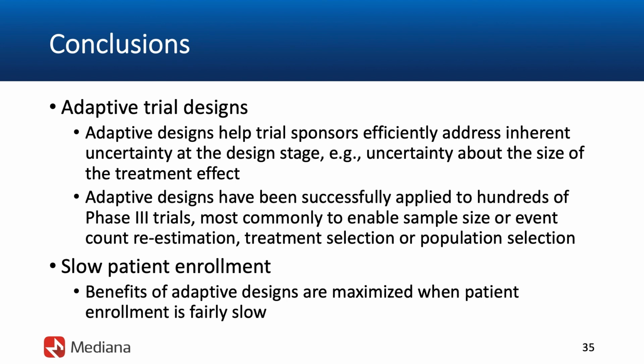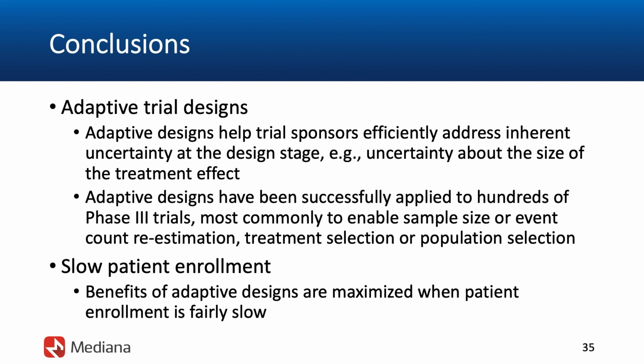For this reason, the general adaptive design approach has become very popular in confirmatory trials, and adaptive designs of the kind that we have discussed in this module have been successfully applied to hundreds of phase 3 trials.